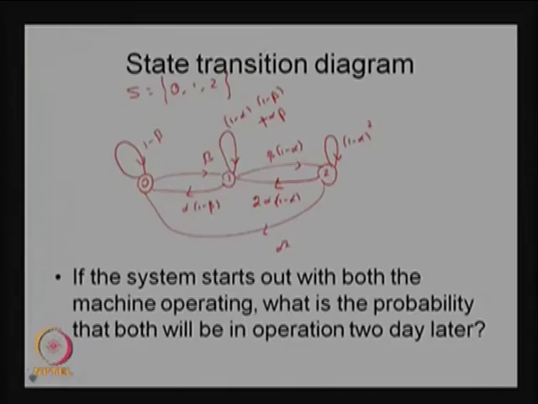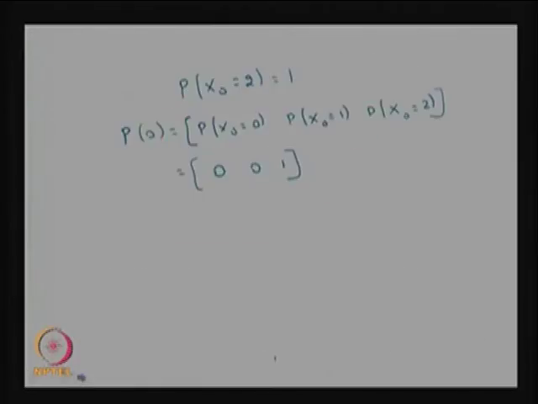Now, the question is, what is the probability that both will be in operation 2 days later? That means we can convert this into: what is the probability that X2, in the second step, the system will be in the state 2, given that the system was in the state 2 at the 0th step.